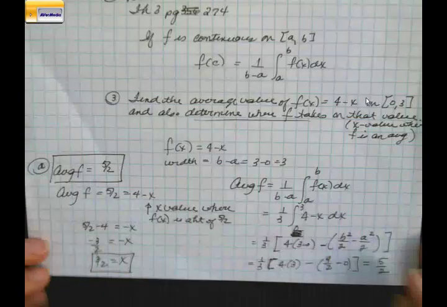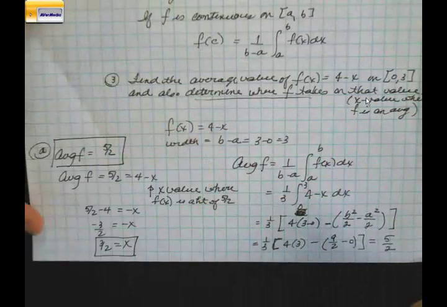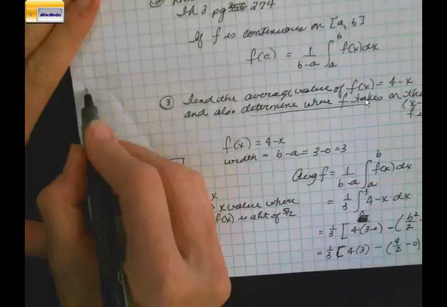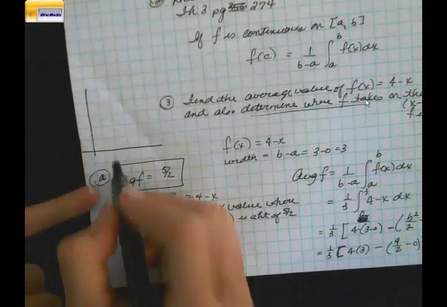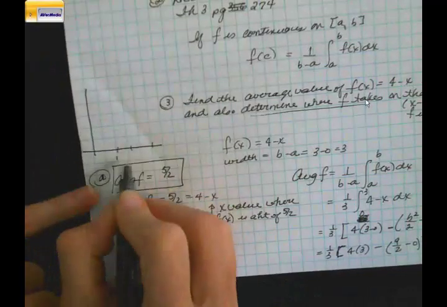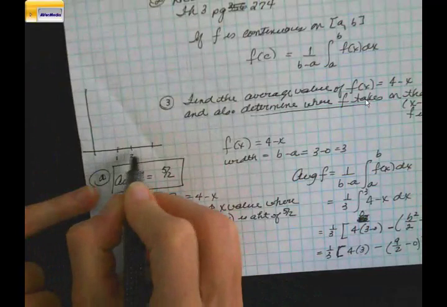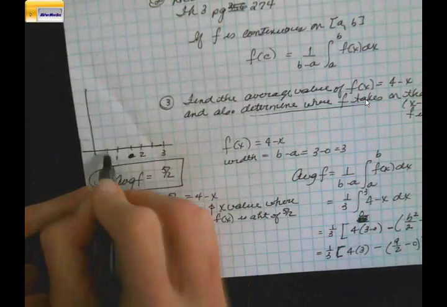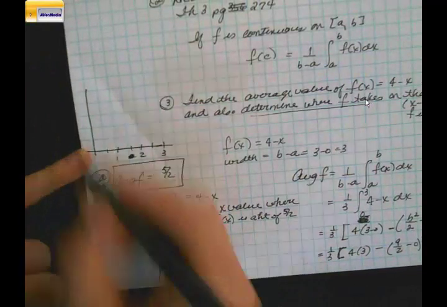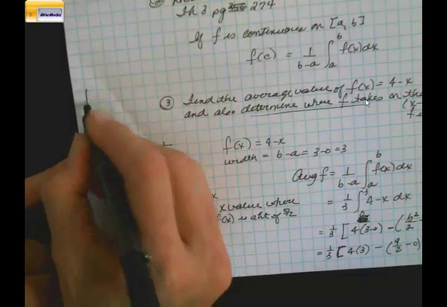Okay. And this one, honestly, I could graph it. This is just 4 minus x. If you wanted to graph 4 minus x on the interval of 0 to 3, we could do this very easily. At 0, you're at a height of 4.